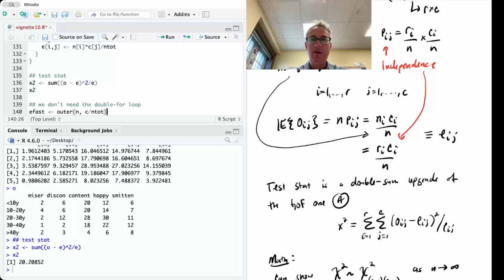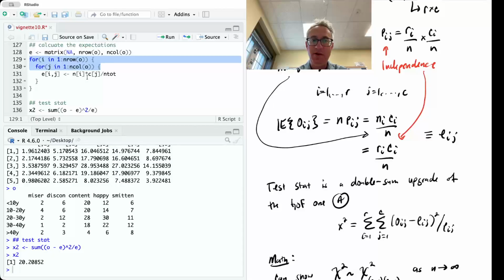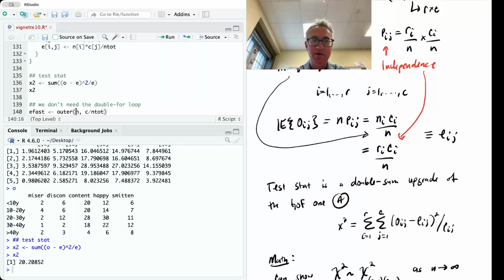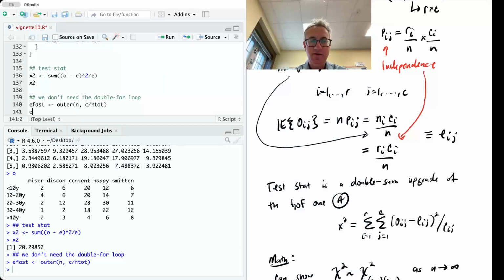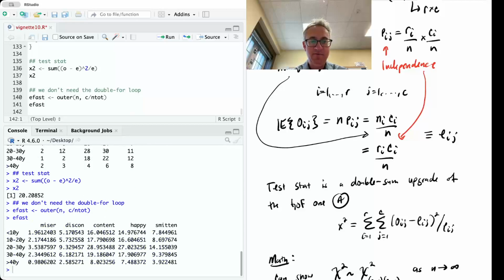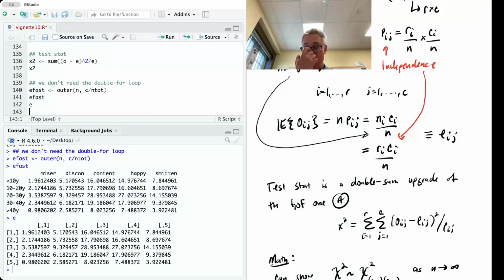This is making a product between the n vector and the C vector divided by n total. It's following this, and outer is getting you all of the combinations, so it's called an outer product. You can check that EFAST is the same as E. So you can get it with one line using an outer product. That can be helpful if you just want to have shorter, easier to read code.